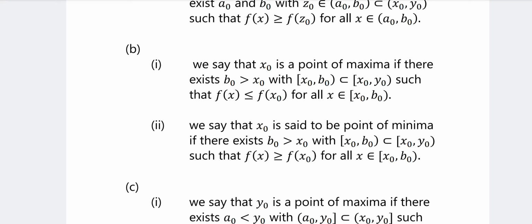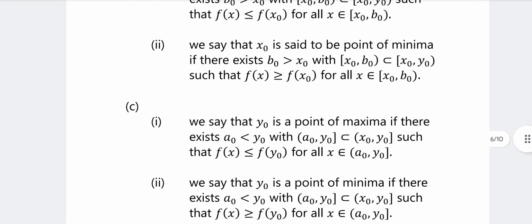Now suppose z naught becomes y naught, so how do we define maxima and minima? We say that y naught is a point of maxima if there exists a naught less than y naught with (a naught, y naught] containing the interval, such that f(x) is less than f(y naught) for all x in (a naught, y naught].